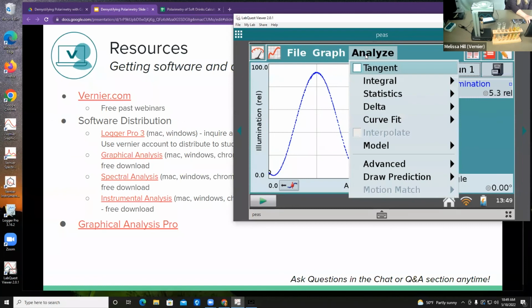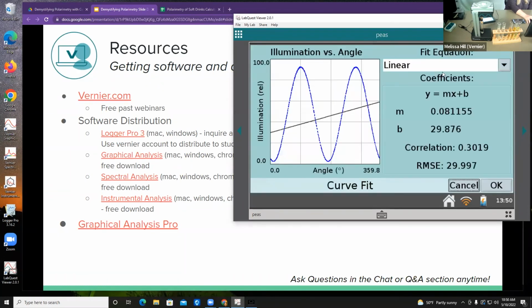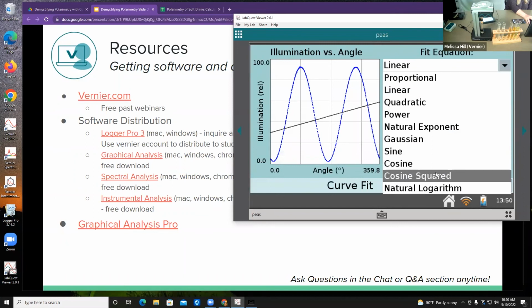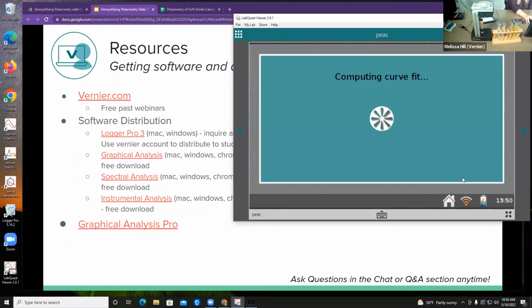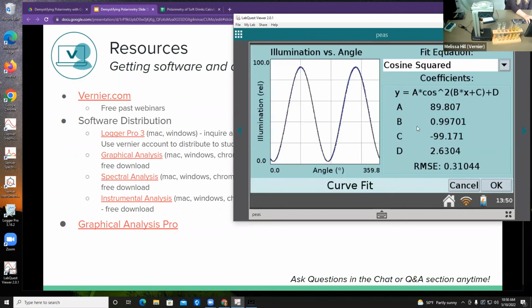So I'm going to go ahead and do cosine squared, perfect, illumination, cosine squared. And it's still the opposite of this C value. So for water, the angle of maximum illumination came out at 100. So now every sample I put in, I'm comparing to 100. So you just have to do that one additional subtraction.